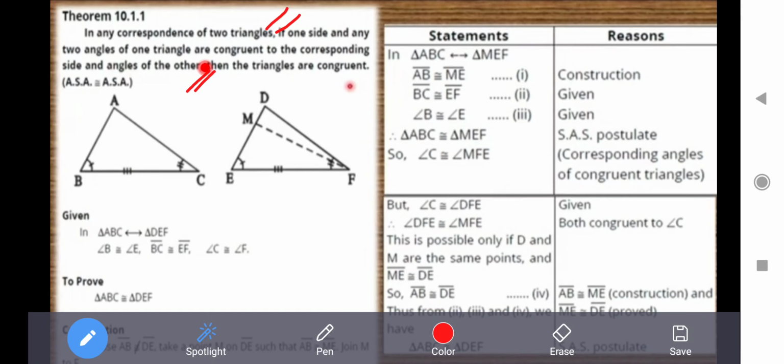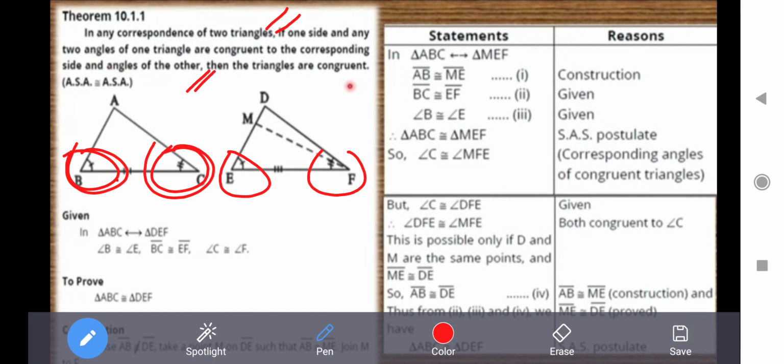One side means this one side, and any two angles, and these two angles are congruent to the corresponding side and angles of the other. What does it mean? It means we are going to take these two angles. If I take B, then I'll take E. If I take C, then I'll take F.